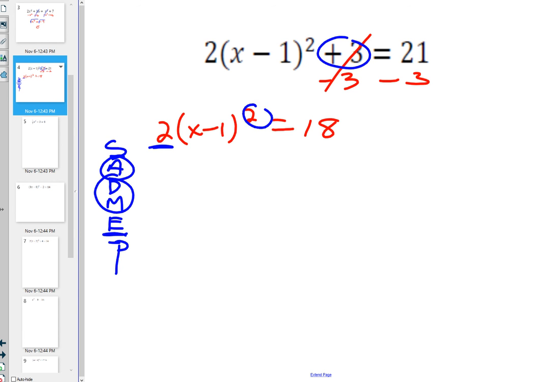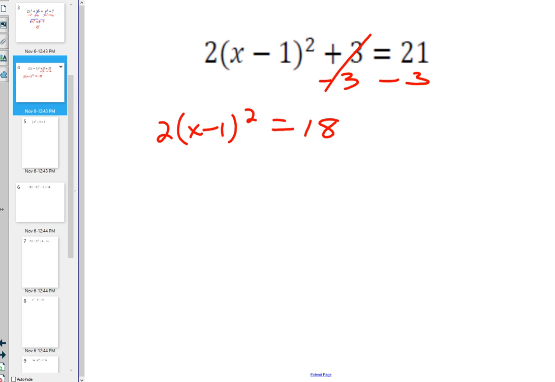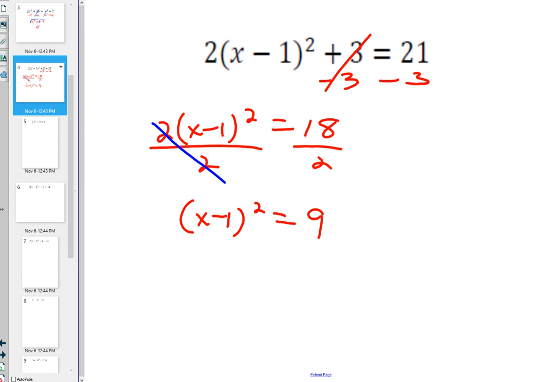Then it's going to come the exponent, and then even though this is subtraction, it's in a parenthesis, so that comes last. So the way we're going to get rid of that multiplying by 2, divide by 2. So (x minus 1) squared is equal to 9.